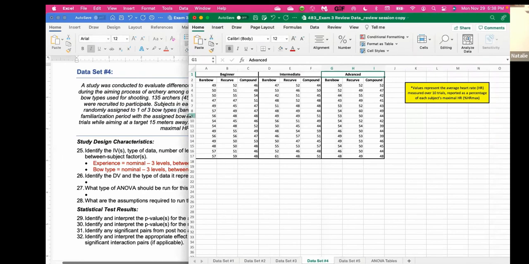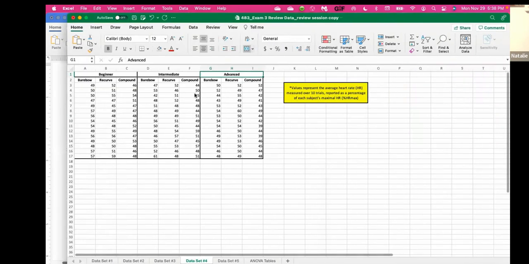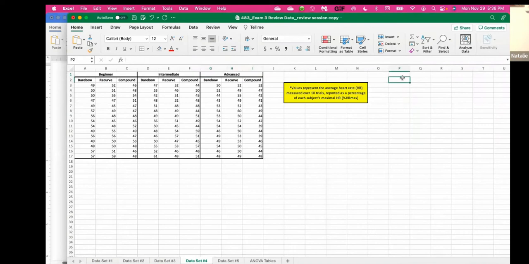So when we organize this one in Excel, we would need a legend for our between subject variables, right? These would be our experience levels, so beginner, intermediate, advanced. And then maybe we have another set of labels for our different bow types.